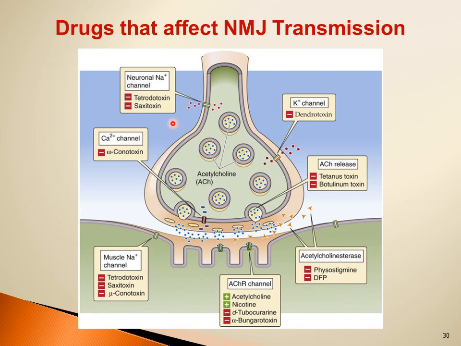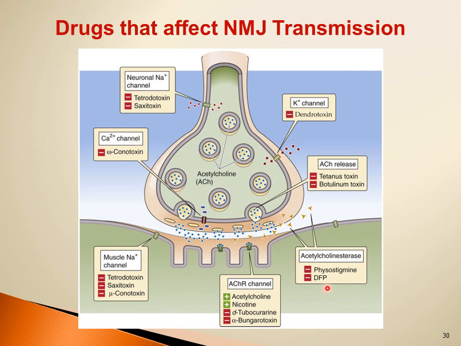Some drugs like tetrodotoxin and saxitoxin inhibit the neuronal voltage-gated sodium channels as well as the muscular voltage-gated sodium channels. Other drugs like omega conotoxin inhibit the voltage-gated calcium channels.